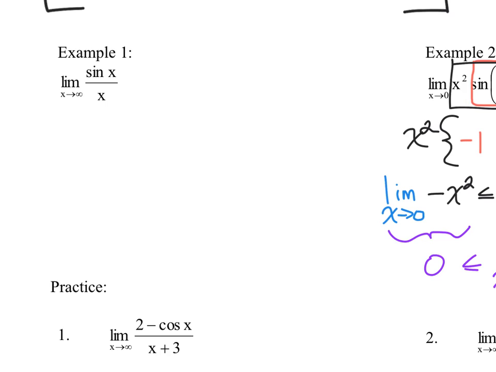All right, so we can try a couple of things. We could start with what we started with over here, and that is the sine of x is between negative 1 and 1.